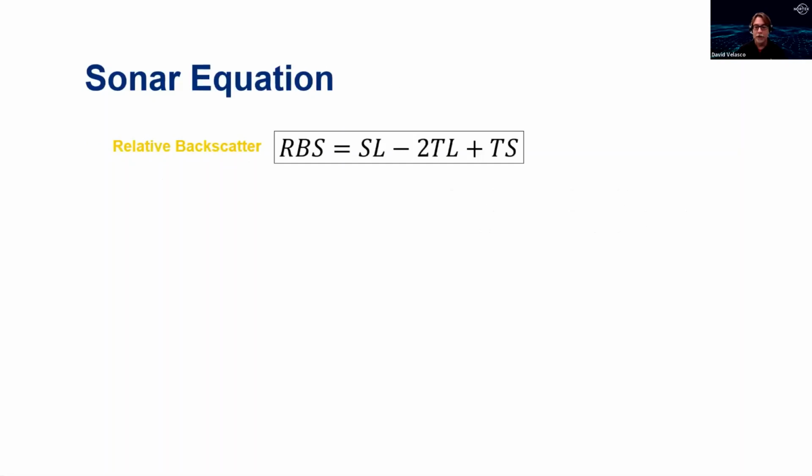Now, we start with the basic formulation of what is called the Sonar Equation, which comes in many different flavors and formulations, but I'm writing it like this, where we have a relative backscatter, which is the intensity of the return echo as measured by the ADCP, and that's equal to the source level minus twice the transmission loss, twice because the acoustic pulse is going out and then coming back in, plus what we call a target strength.